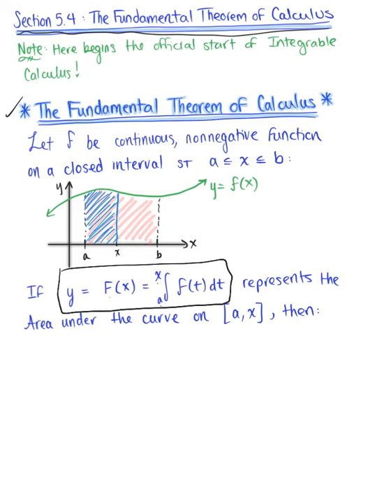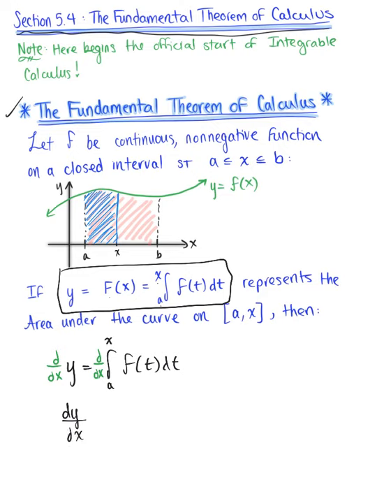So, keeping in mind that we are letting y be the definite integral from a to x of f of t dt, what the fundamental theorem tells us is that if we differentiate this with respect to x, so if we take the d dx of both sides, we end up with the original function.